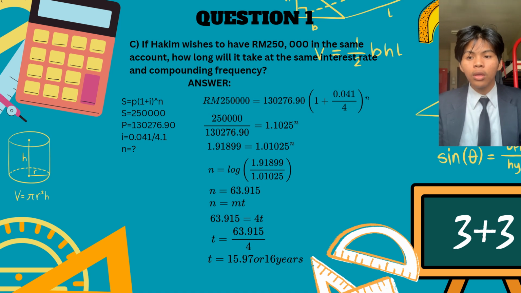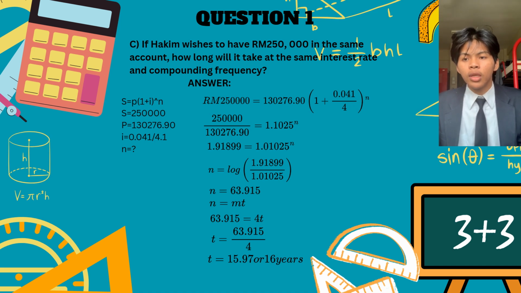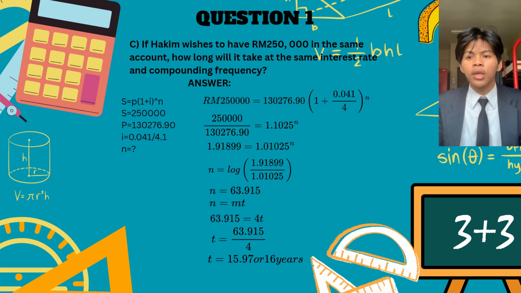So it will be 215,000 divided by 130,276.90 equals to 1.01025 power by N. So we need to simplify all that, and it will be 1.91899 equals to 1.01025 power by n.